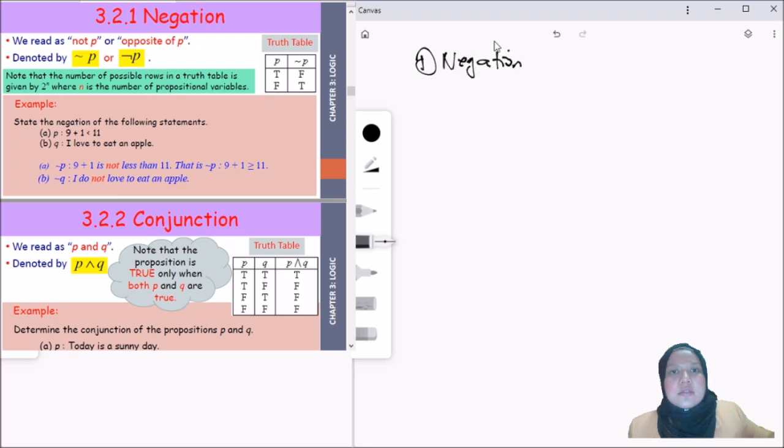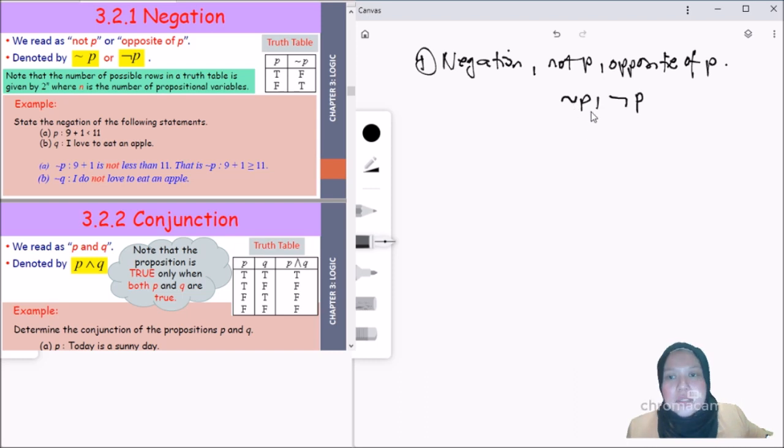We read it as not P, or opposite of P. The symbol for not P, or opposite of P, is denoted as this symbol, not P. P here is a propositional variable that we use.